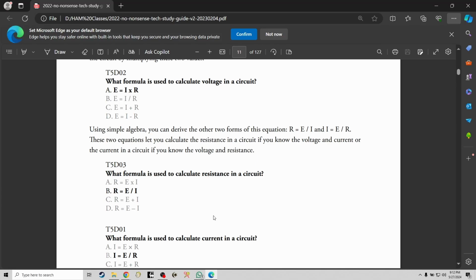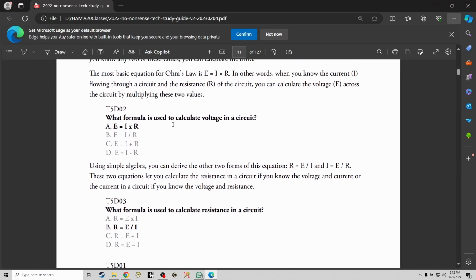So if you know I and you know R, you can calculate for E. But if you know E and you know I, it's basic math, you just flip the numbers around.